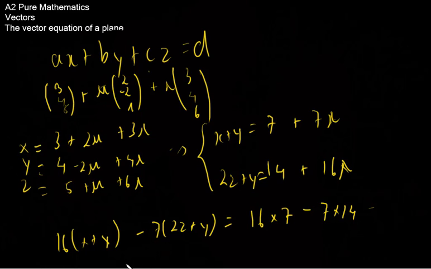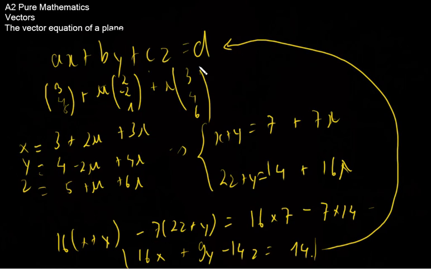That gets us 16x plus 16y minus 7y, that's 9y, minus 14z, equal to 112 minus 98, that's 14. So this is our final result, and you can see that it is in this form, and these are the constants that go here.